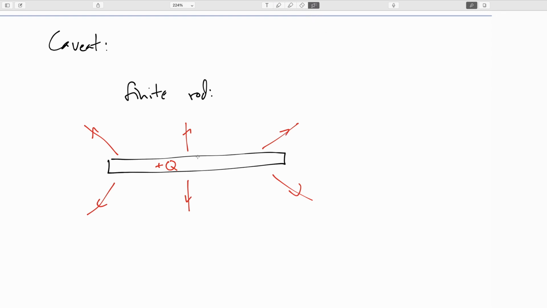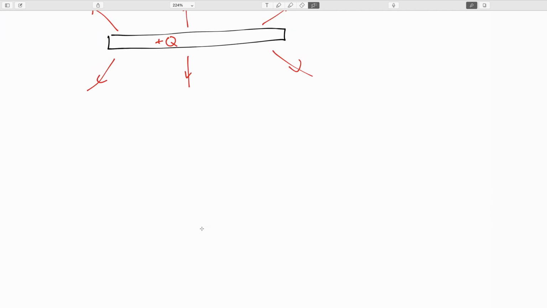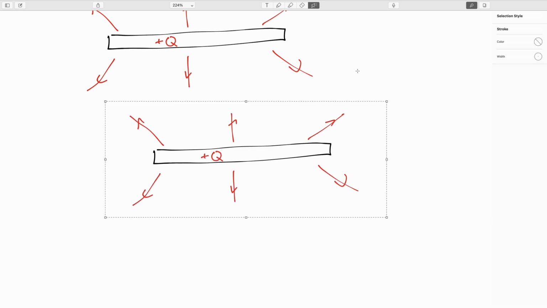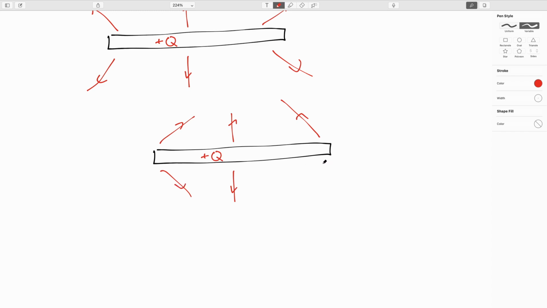However, by symmetry, we could not exclude the possibility that it looks something like that. Now, this is allowed by symmetry. But it is wrong.